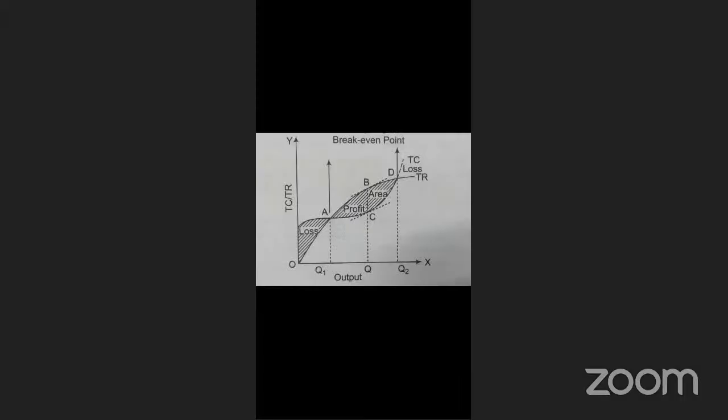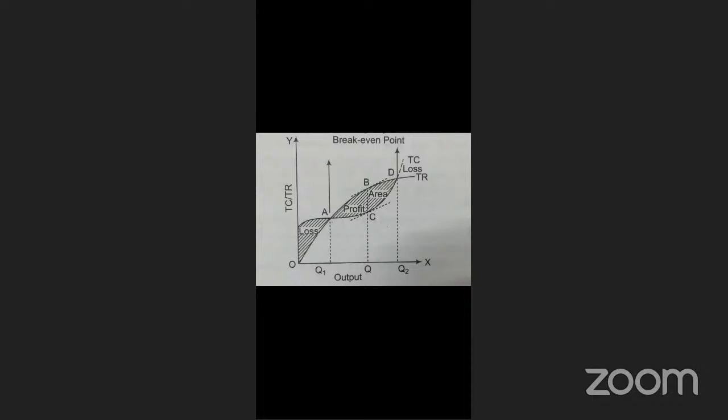This can be understood in the following way. The firm is in equilibrium when the positive difference between TR, total revenue, and TC, total cost, is maximum.